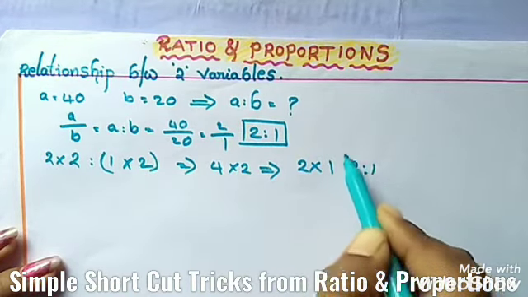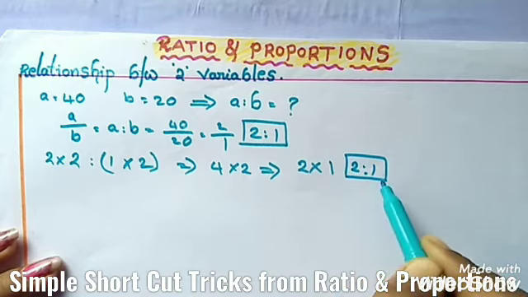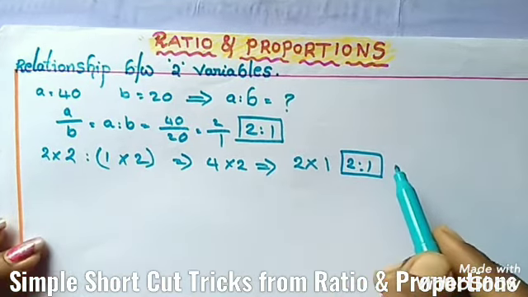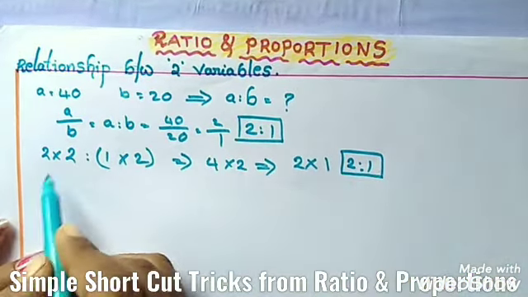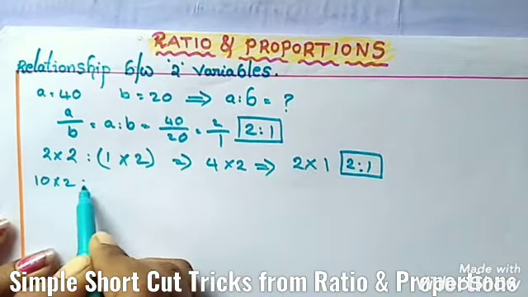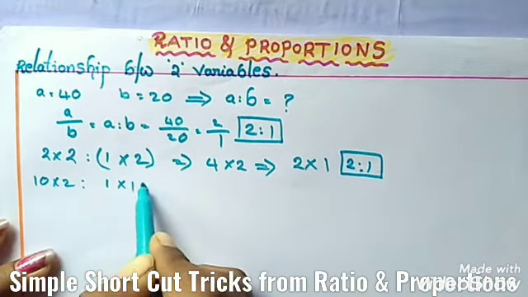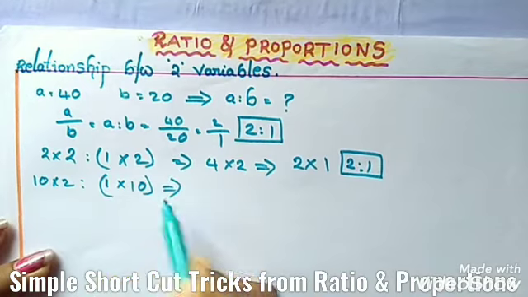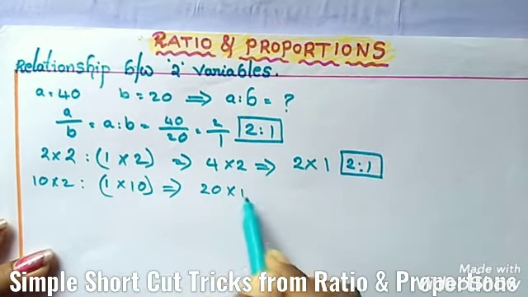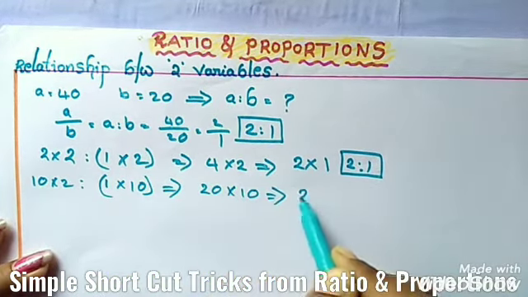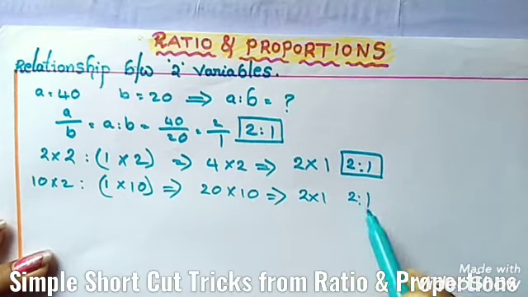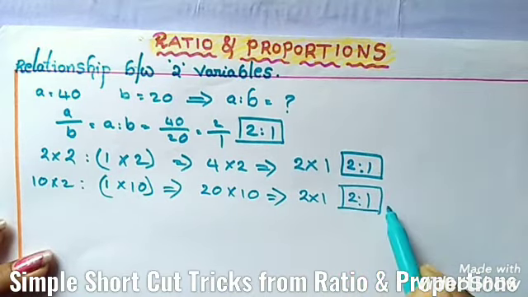Nothing but 2 is to 1, so the same ratio you should get. And if you multiply the same numbers by 10, 10 into 2 is to 1 into 10, that implies 20 is to 10, nothing but 2 is to 1. Then the ratio should be the same here, 2 is to 1.